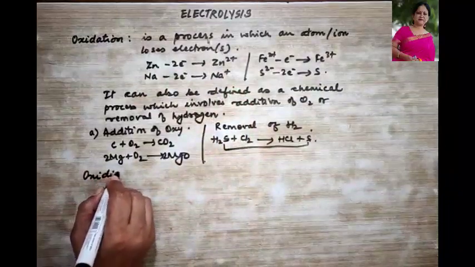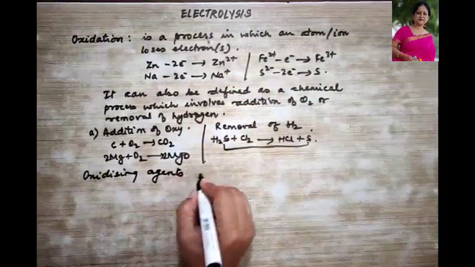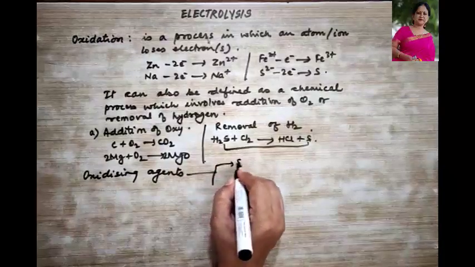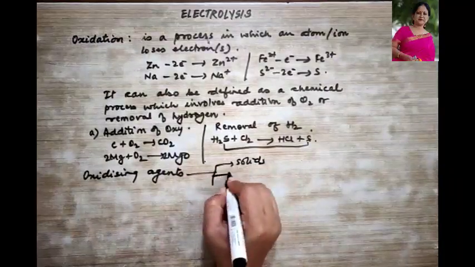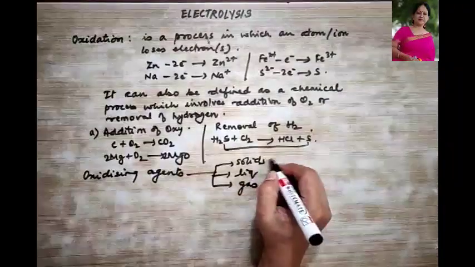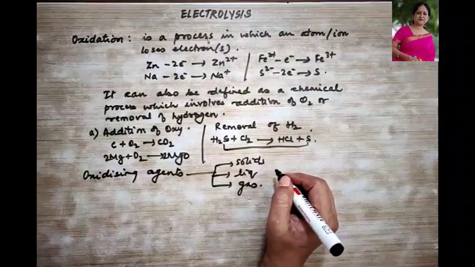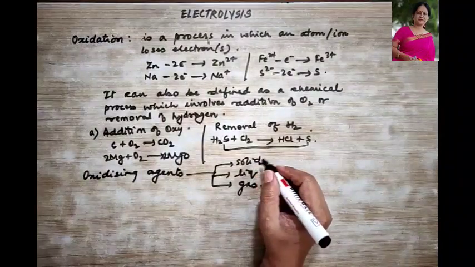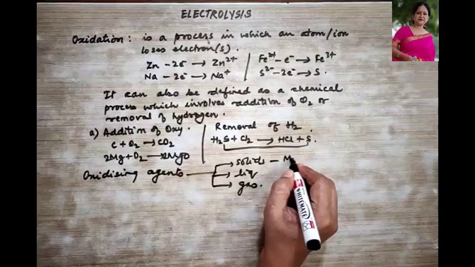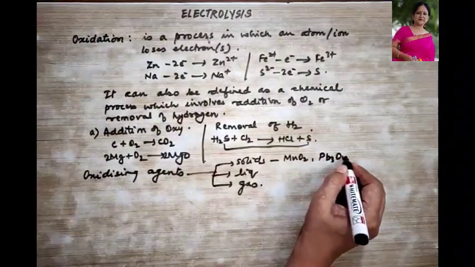Here the oxidizing agents are categorized as solids, liquids and gases. As I said, you can learn one or two examples in each category. For solids, it could be manganese dioxide or Pb3O4.